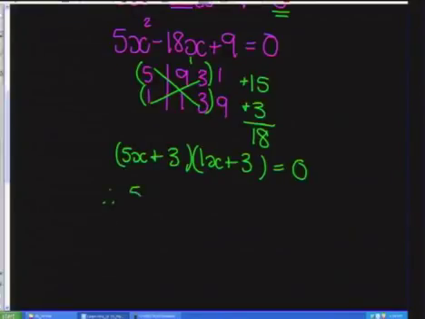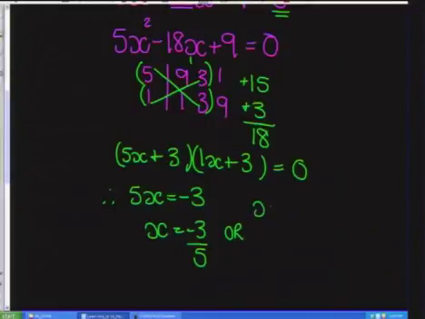So therefore 5x is equal to negative 3, and x is then equal to negative 3 over 5. Or we've got x plus 3, which was equal to 0, and if I move it over, x is equal to negative 3. All right, and those are the two solutions to that equation.